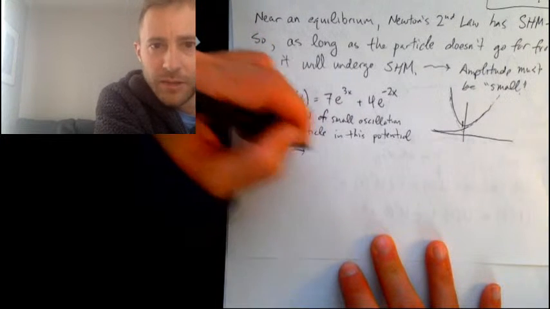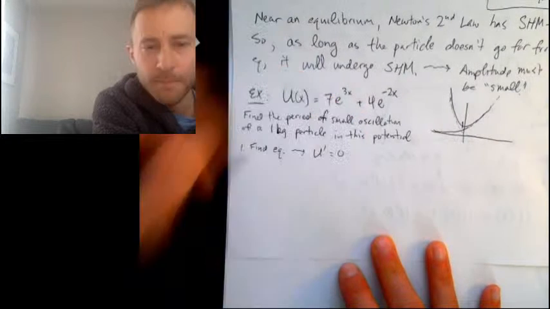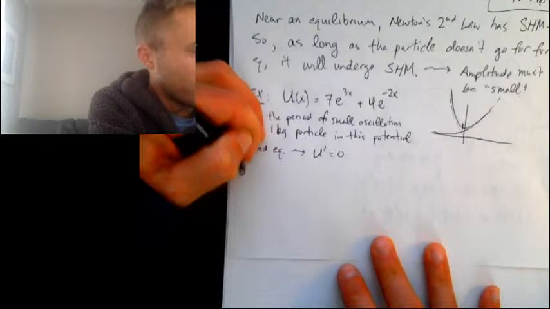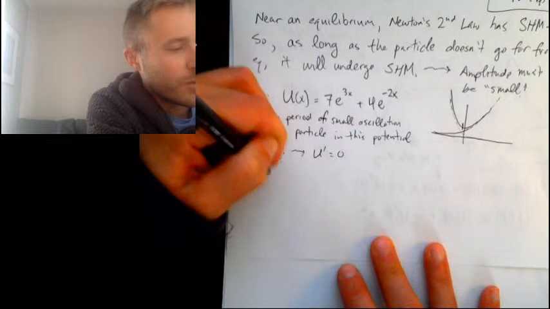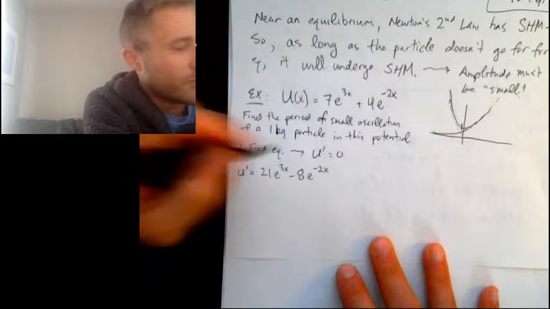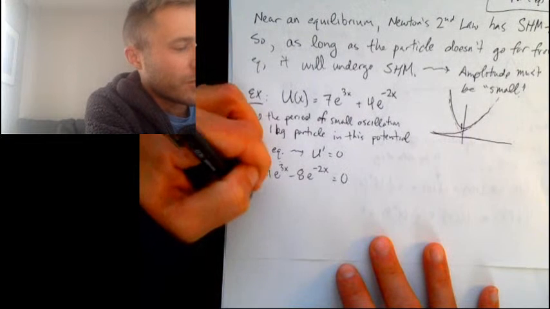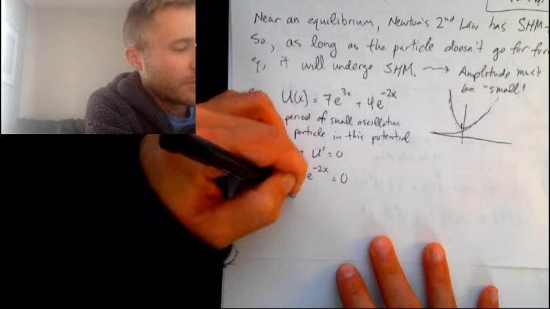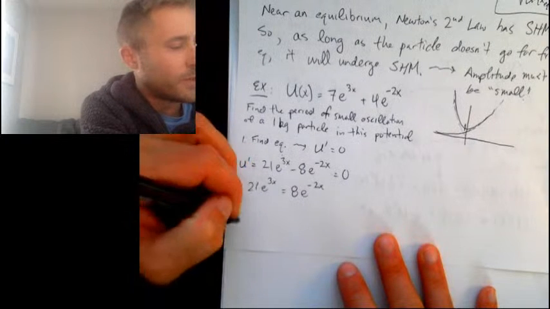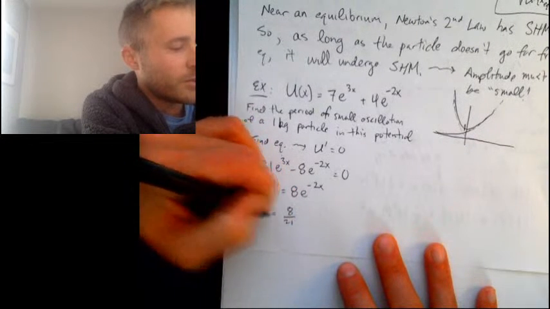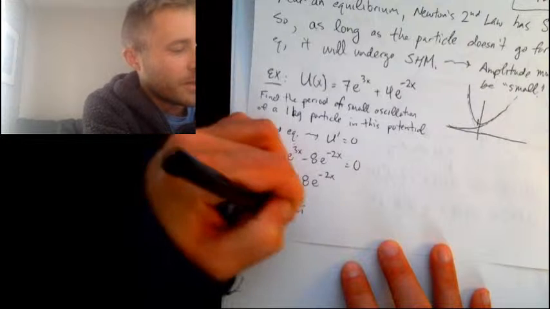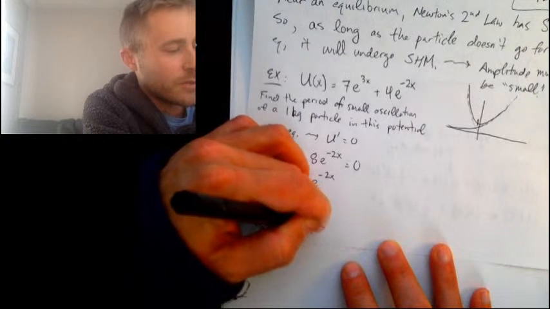We find the equilibrium by setting the derivative of the potential equal to 0. I'm assuming you know how to take the derivative of the exponential function. So u prime is going to be 21 e to the 3x minus 8 e to the minus 2x, and I set that equal to 0. So that says 21 e to the 3x equals 8 e to the minus 2x, which says that 8 over 21 equals e to the 5x, which says that the x value of the equilibrium is 1/5 natural log of 8 over 21.